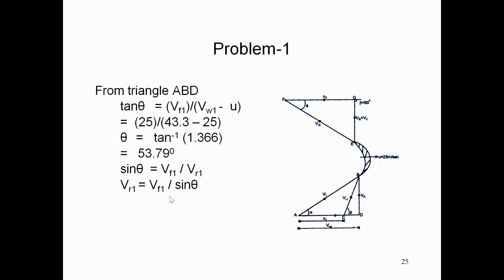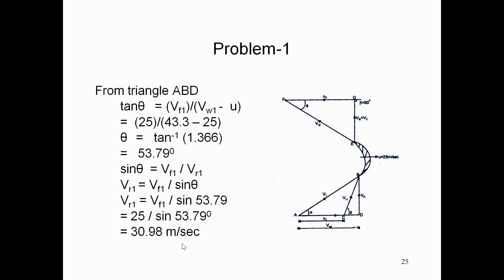VR1 is VF1 by sin theta, so 25 by sin 53.79. So we get VR1 as 30.98, approximately 31 meters per second.